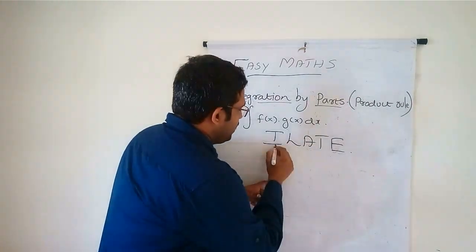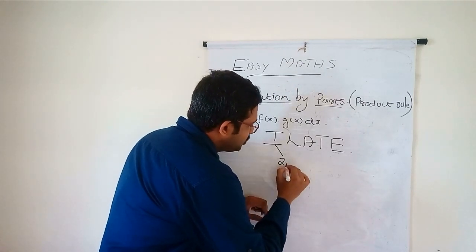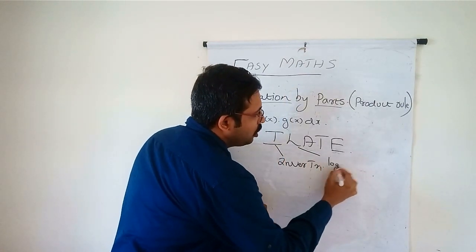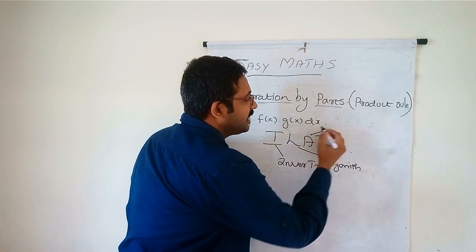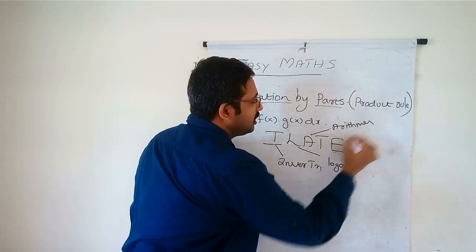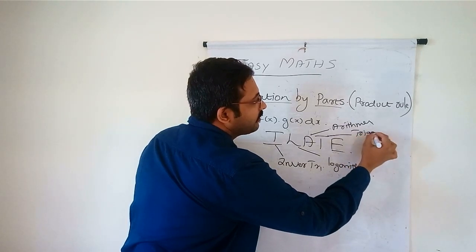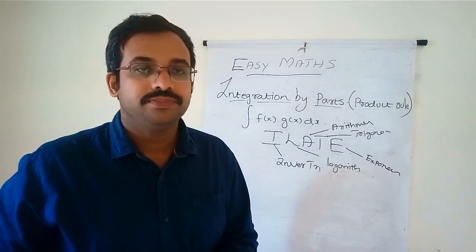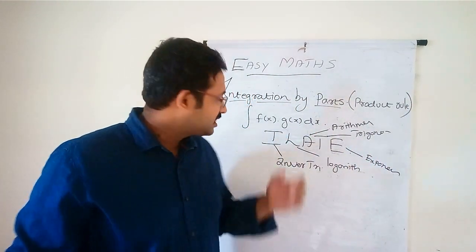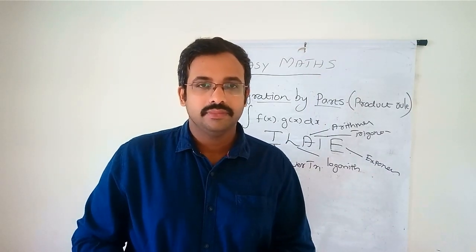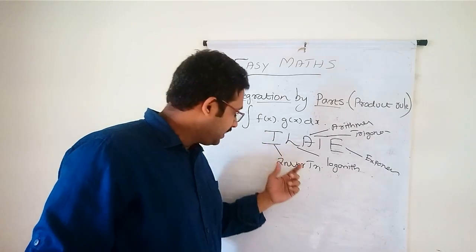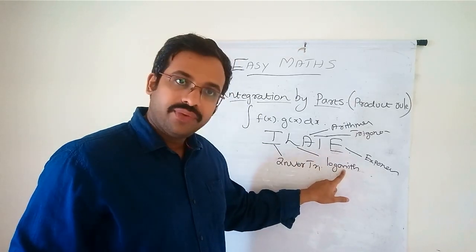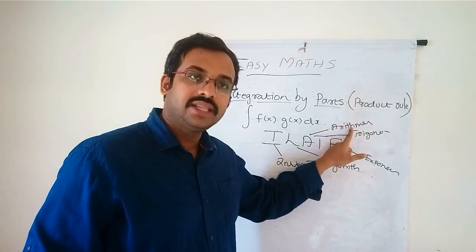Here I stands for inverse trigonometric functions, L stands for logarithmic functions, A stands for arithmetic functions, T stands for trigonometric functions, and E stands for exponential functions.